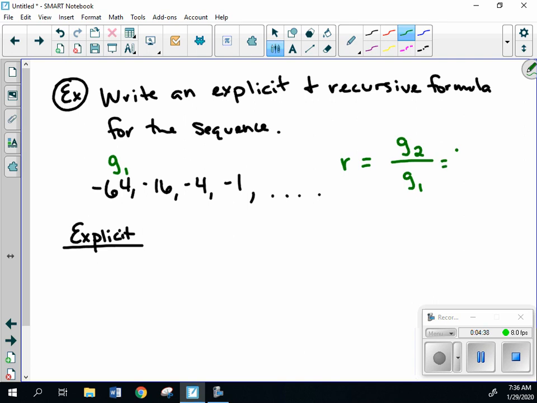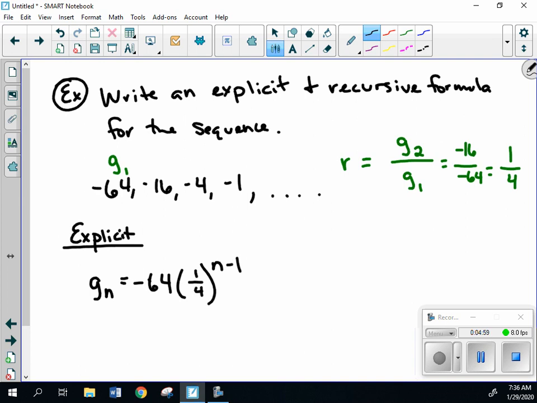In our case, we have negative 16 over negative 64, which is going to give us 1/4, our r value. So our explicit formula, g sub n is negative 64 times 1/4 to the power of n minus 1.